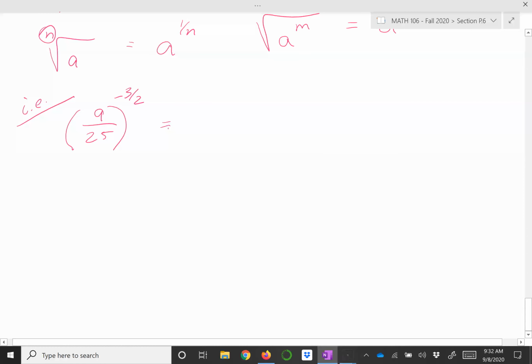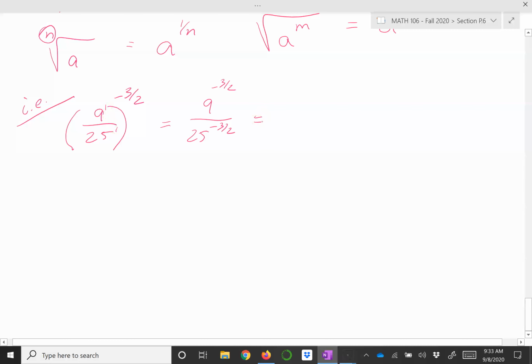Let's just distribute that negative 3 halves exponent. Is everyone okay with this next step? It would be 9 to the negative 3 halves over 25 to the negative 3 halves. Because remember, when you're raising an exponent to an exponent, you multiply. And really, the exponents of 9 and 25 are 1, so they just retain that negative 3 halves.